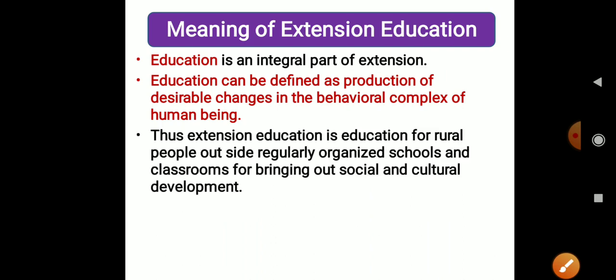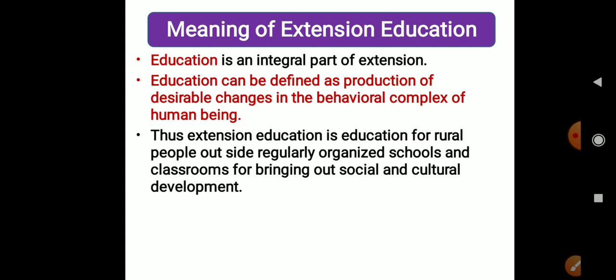Now, thus extension education is education for rural people outside of regular organized schools and classrooms. That is most important. It is education. What is the education that we have discussed here? The production of desirable change in the behavior complex of human being.